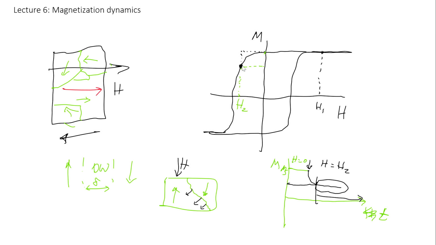But this point is very stable, which means that if you measure it again, it will be exact the same point in the hysteresis curve, and therefore the hysteresis curve itself is reproducible.